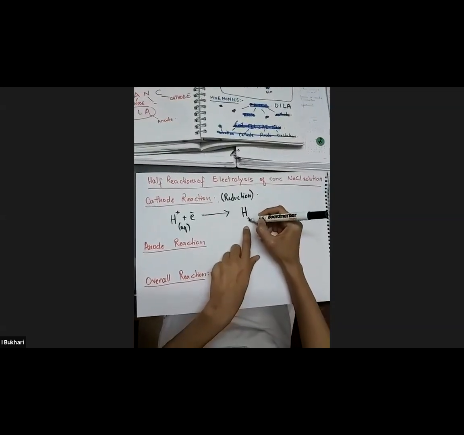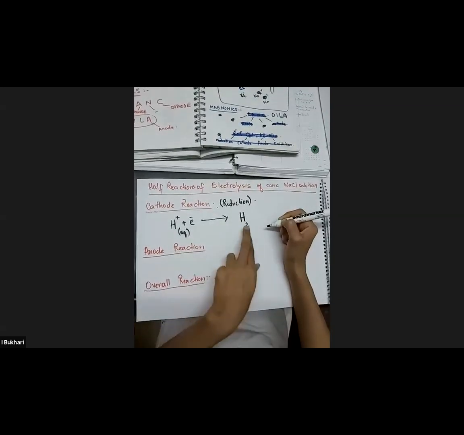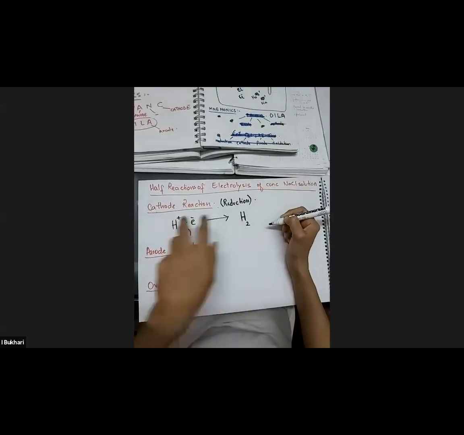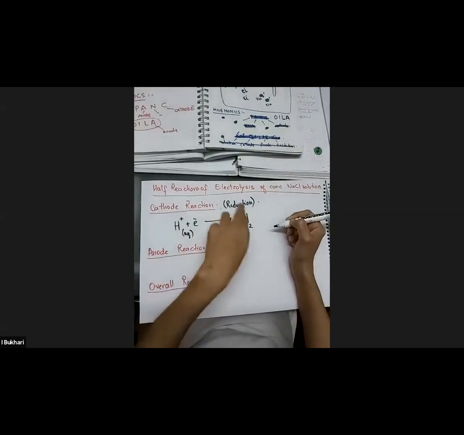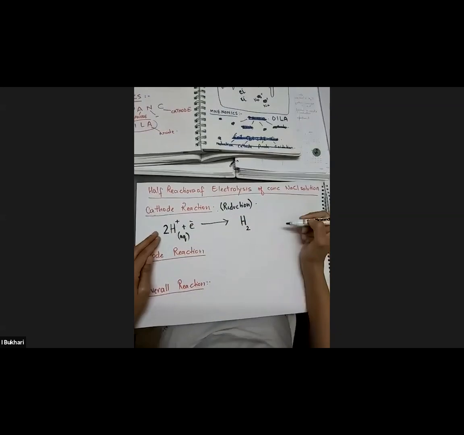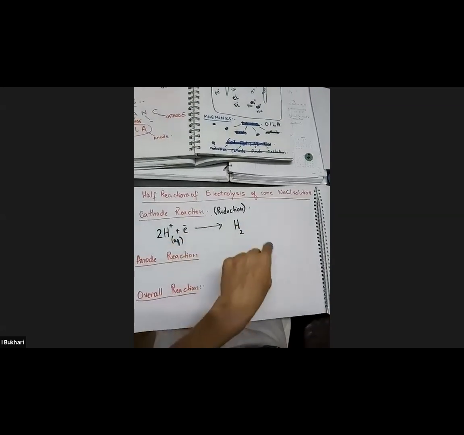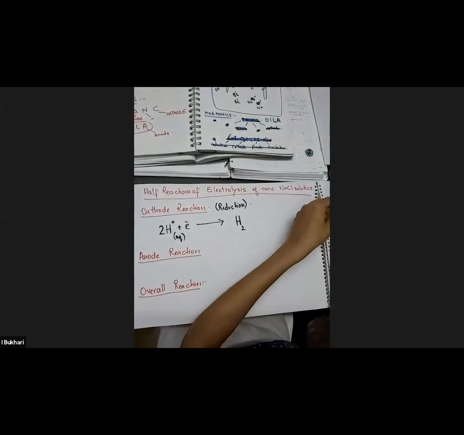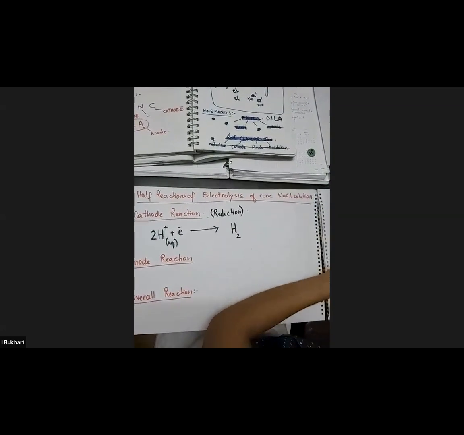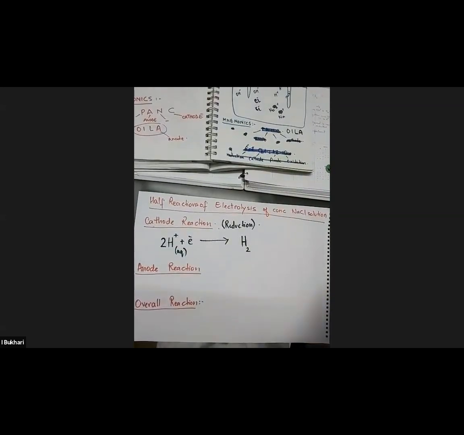It exists as a diatomic molecule, right? Now, if there are two hydrogen atoms here, you want to chemically balance this equation. You want two hydrogen ions from here. Now, each hydrogen ion will accept an electron.